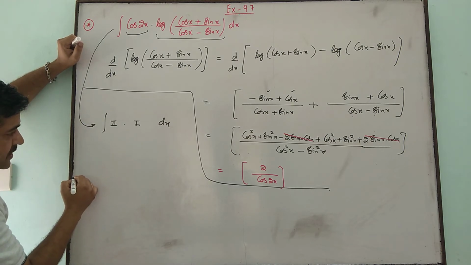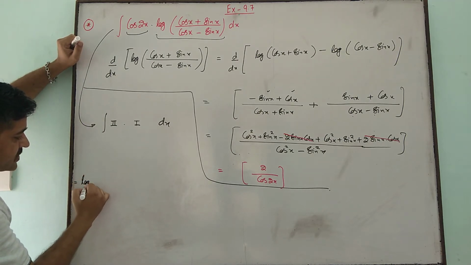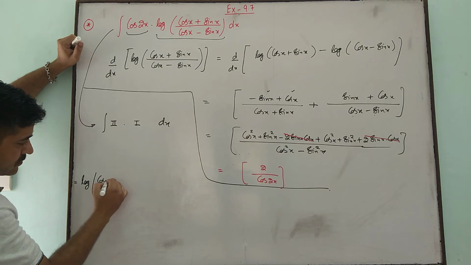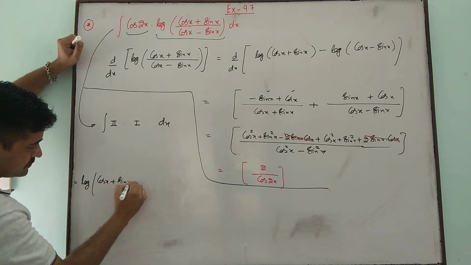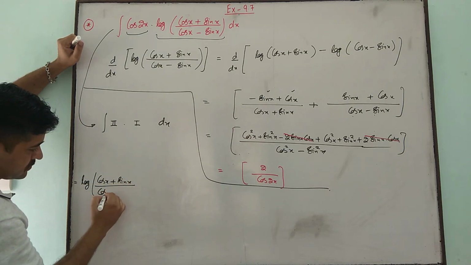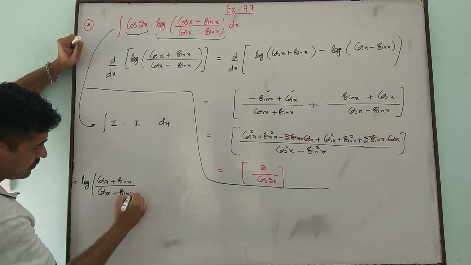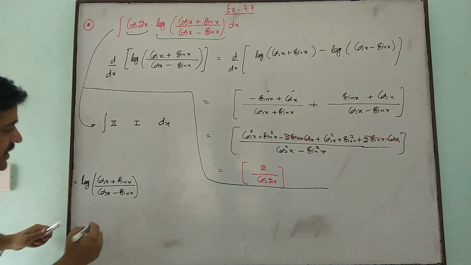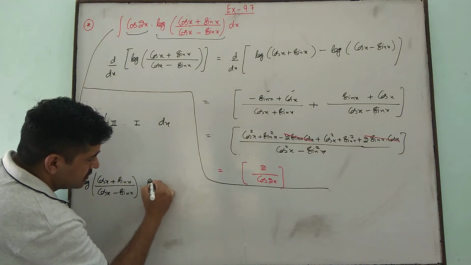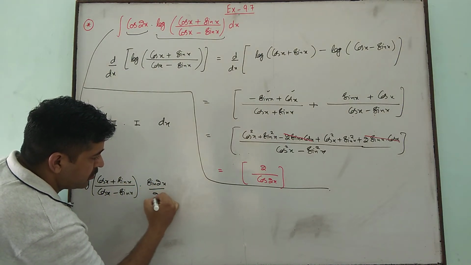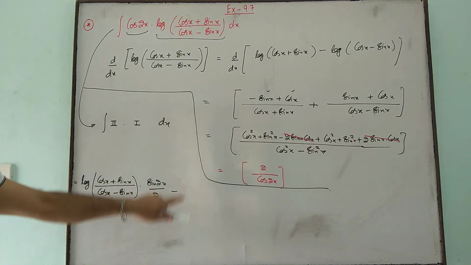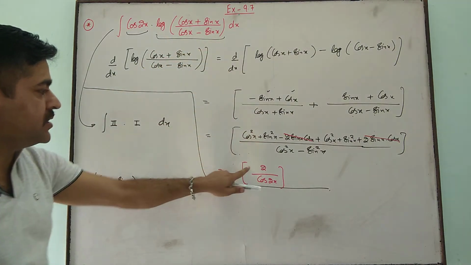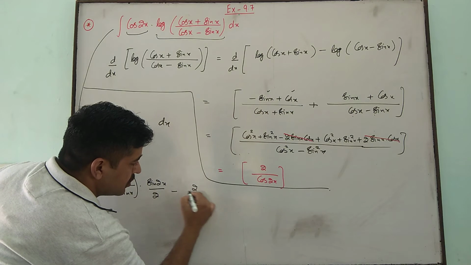So integration will be the first function as it is, times the integral of the second function. For cos 2x, the integral is sin 2x upon 2, minus the derivative of the first function, 2 upon cos 2x.